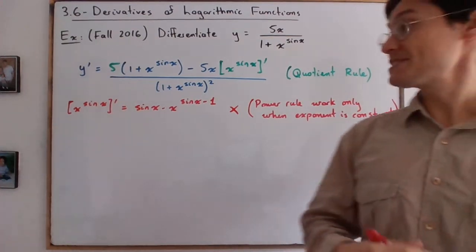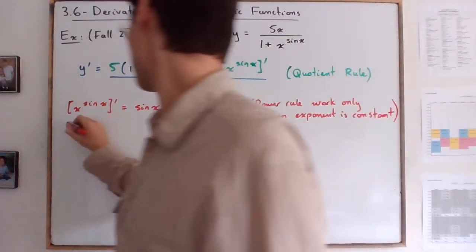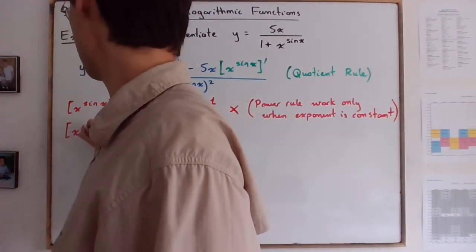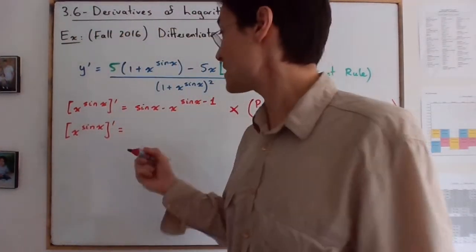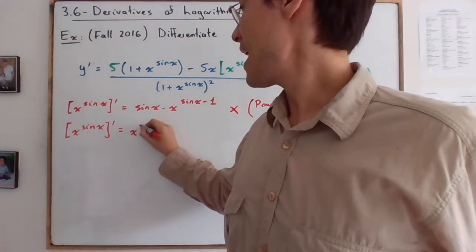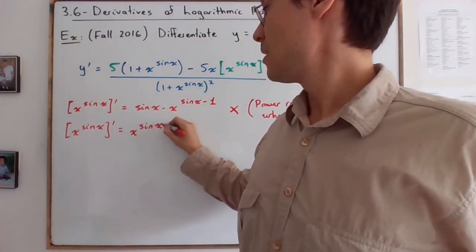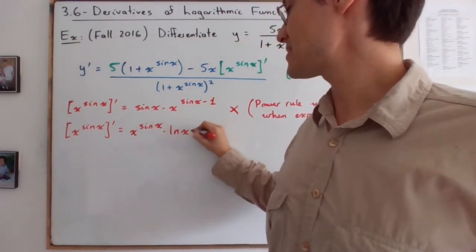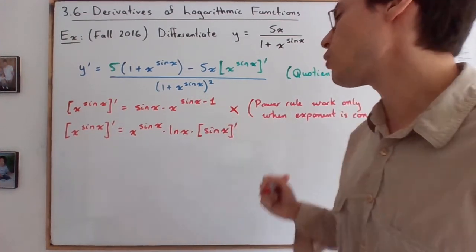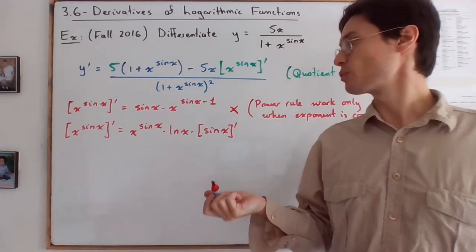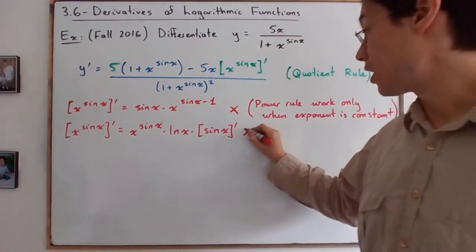I've also seen some students in the past doing stuff like this: the derivative of x to the power of sine of x. Okay, it's an exponential function, so I'm going to write x^sin(x) multiplied by ln of x times the derivative of sine of x. They're using the exponential rule, which is also wrong.